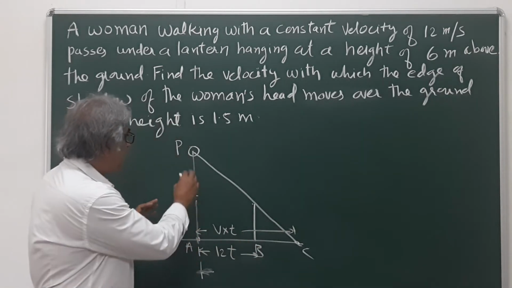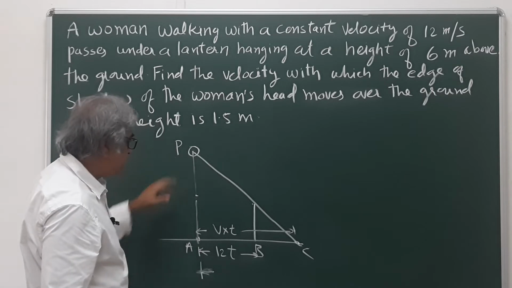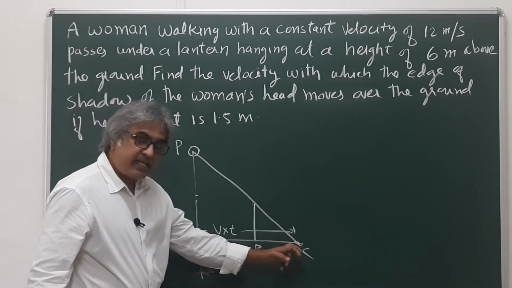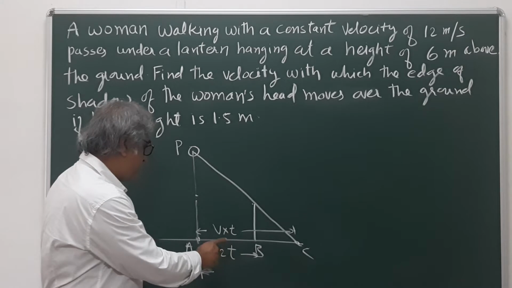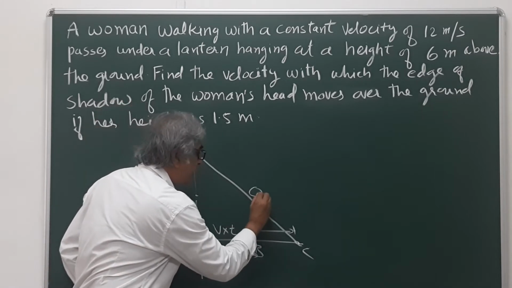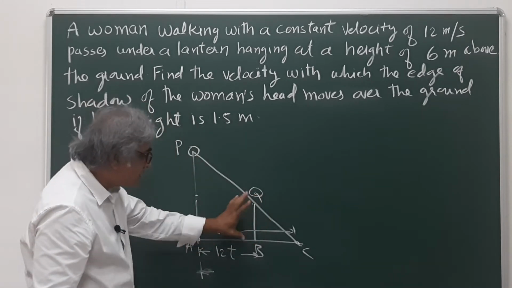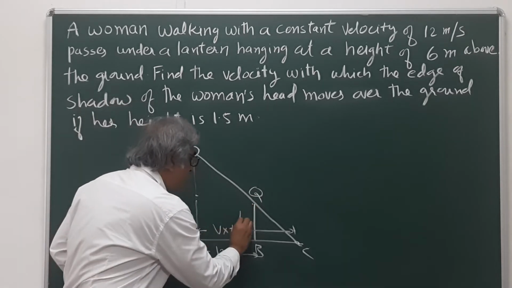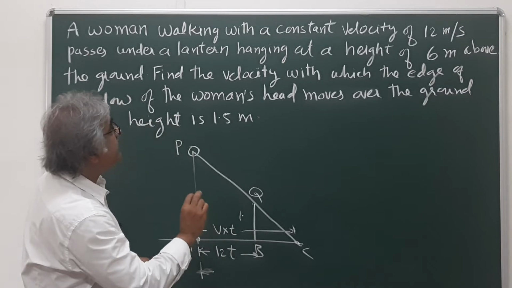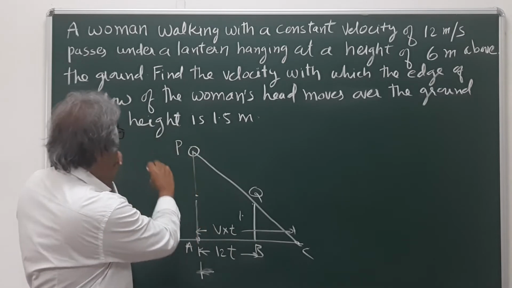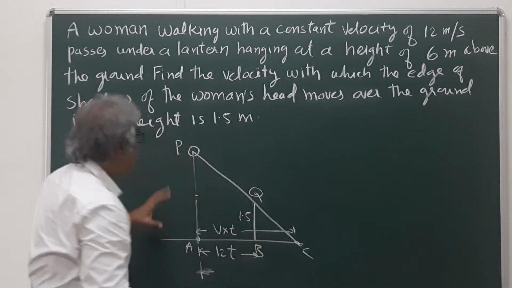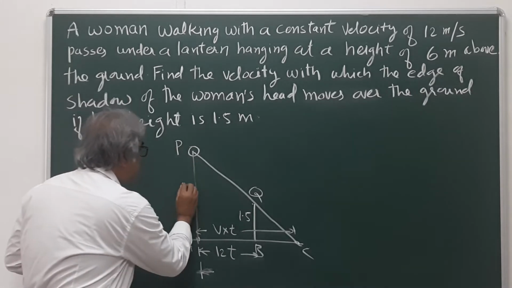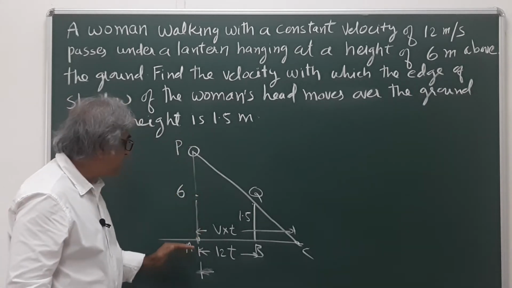Now see, PAC is one triangle, and let me mark a point Q here. This is the lady with height 1.5 meters. This height is 6 meters because the lantern is 6 meters above the ground.